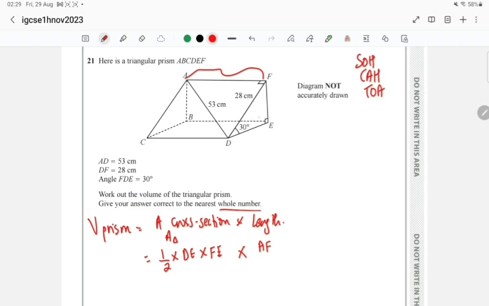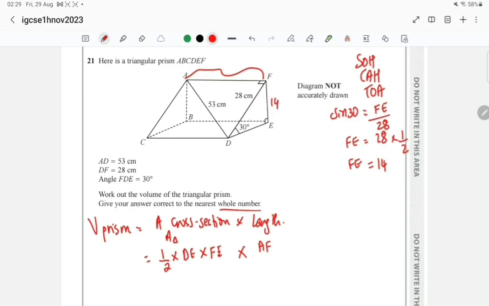So if I want to find FE, this would be my opposite and this will be my hypotenuse. So sine of 30 will be opposite, which is FE, divided by 28, which is the hypotenuse. So FE would be 28 sine 30, which is half. So this would be 14. So I already got my FE, which is 14.